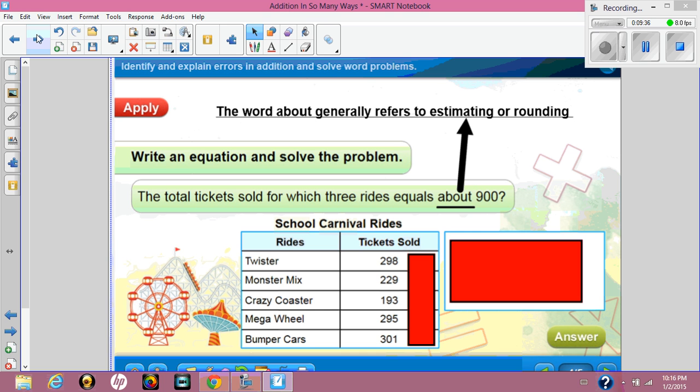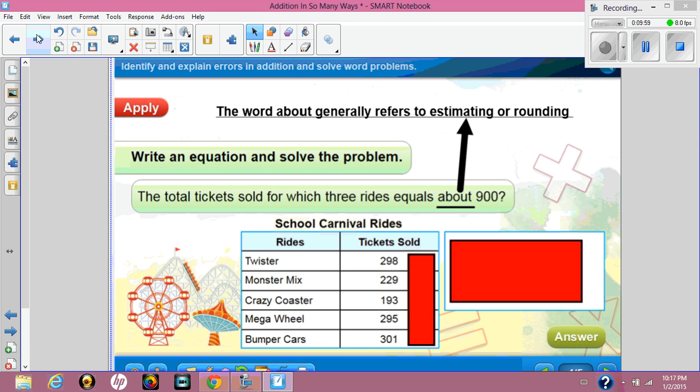Okay, now let's look at another real world problem that we can solve. It says write an equation and solve the problem. Now this one is going to be a little unique in that it is not exactly asking for addition as much as we are going to total them, but we're also going to use our rounding tools.